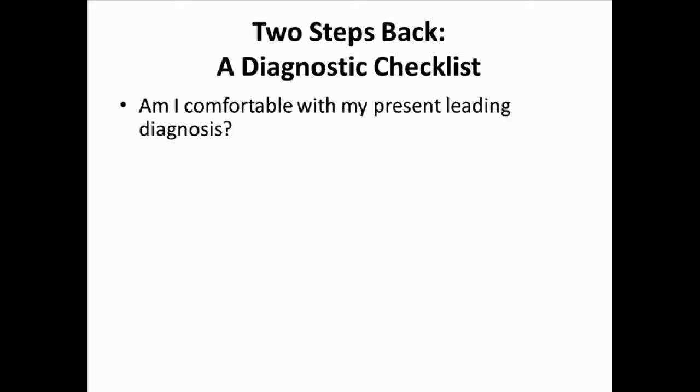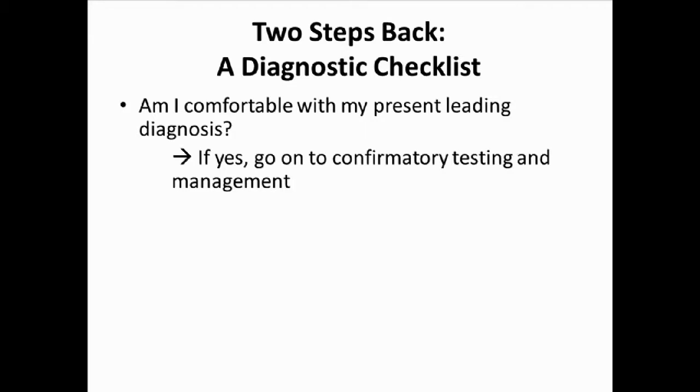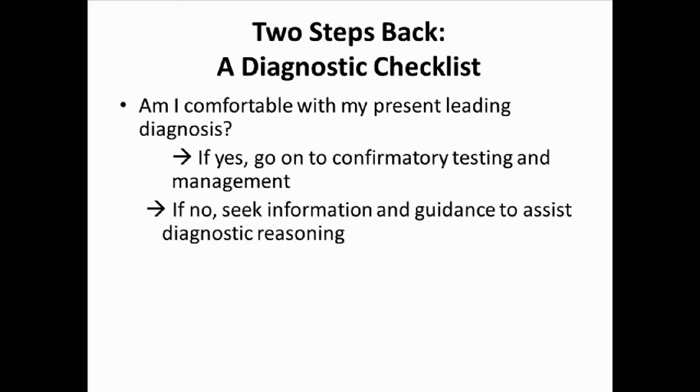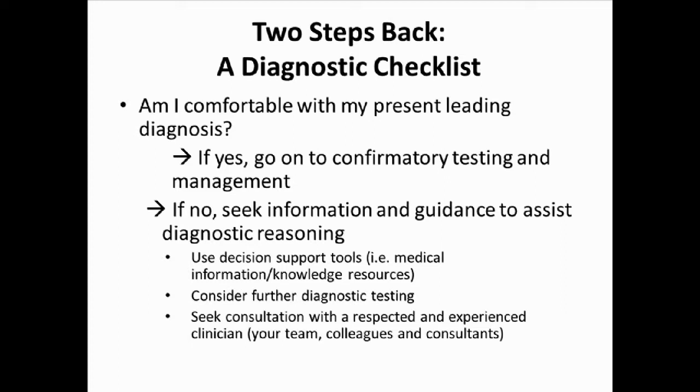Finally, the user is asked again whether they're comfortable with their leading diagnosis. And if they're not, on this checklist there were some suggestions for how to seek information and guidance in the diagnostic reasoning process.